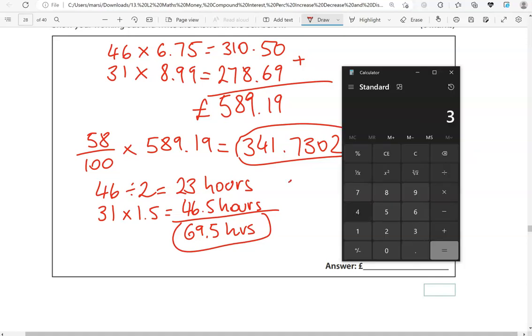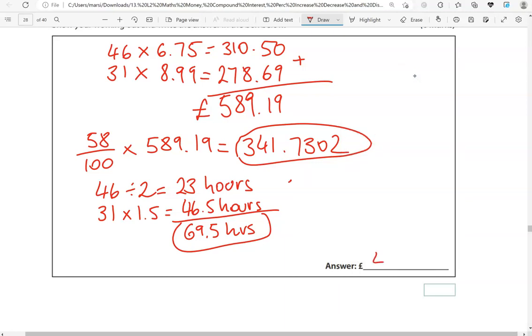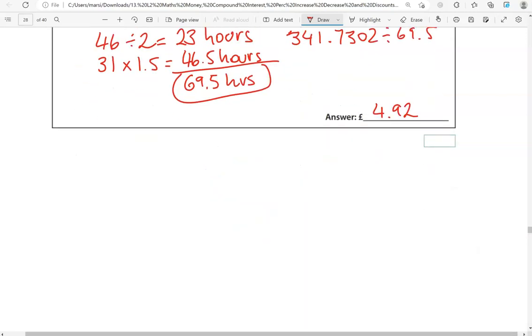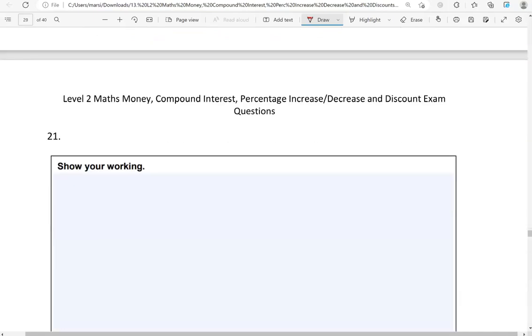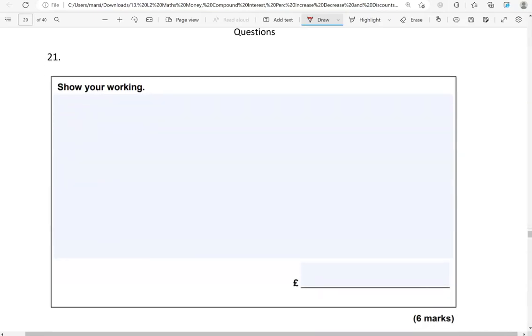So 341.7302 divided by 69.5 gives us 4.92. So £4.92 profit per hour. So that was the space to show the working out.